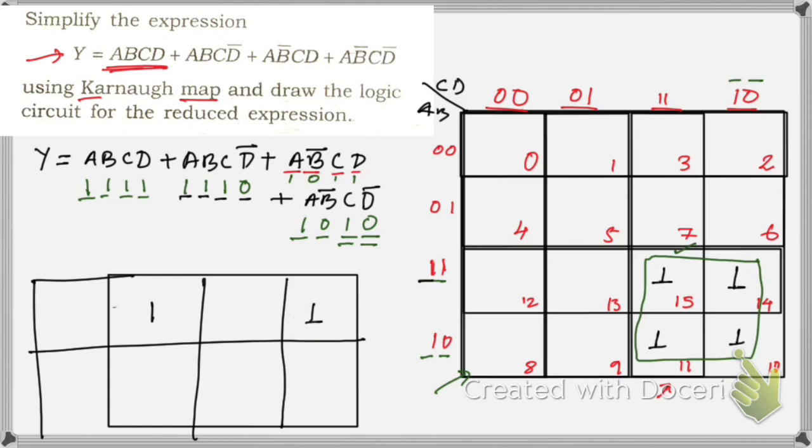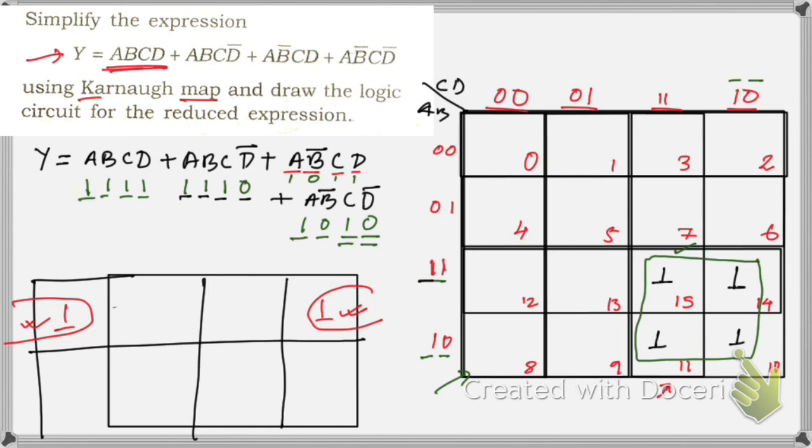Okay, so suppose you have one here and another one here, then you can make these two a pair, because this one and this one will be considered as adjacent.